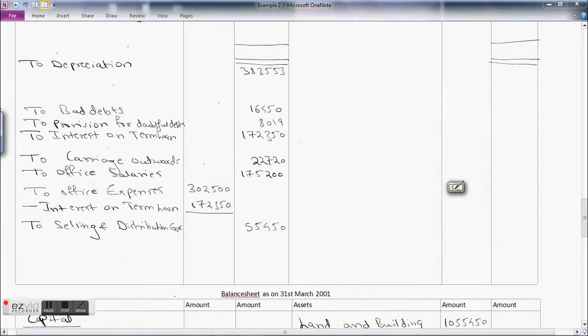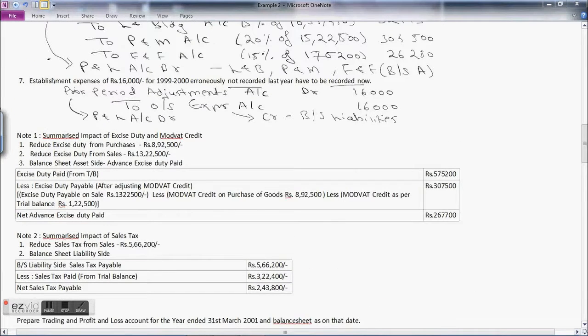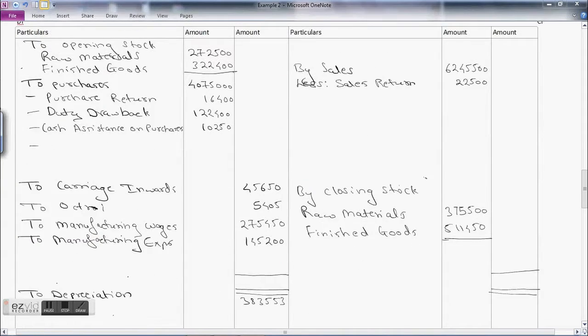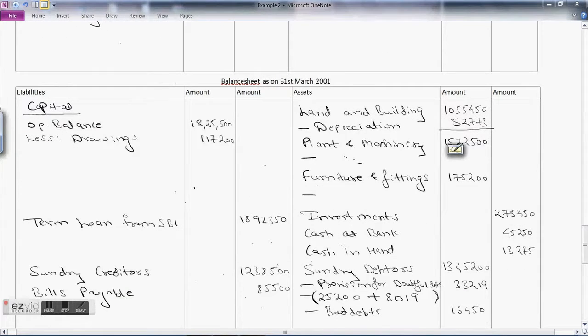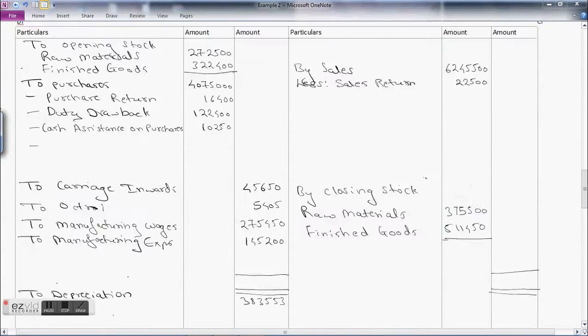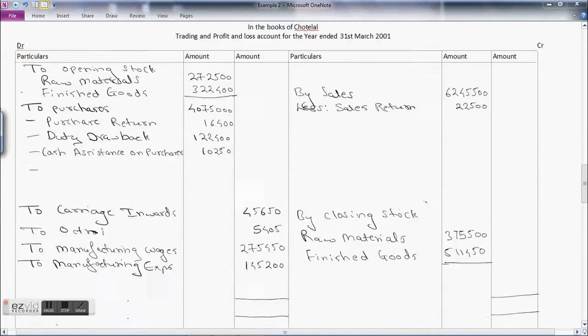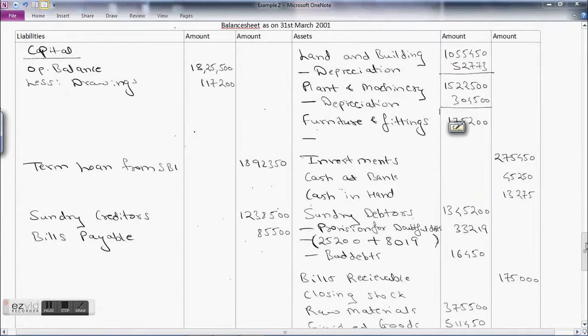Then from plant and machinery we have to reduce 304,500. And from furniture and fittings we have to reduce 26,280.